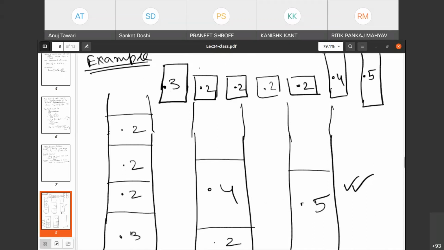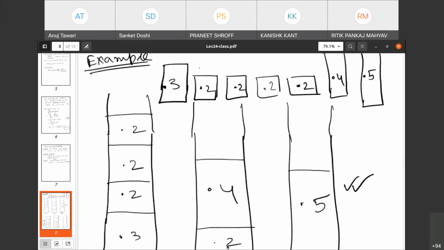So here is one solution, which is first you put the jobs with 0.3, 0.2, 0.2, 0.2. The other bin contains 0.2 and 0.4, and the third bin contains 0.5. Okay. So each of these bins is packed. If you look at the total sum of the elements contained in each bin, it turns out to be less than 1.